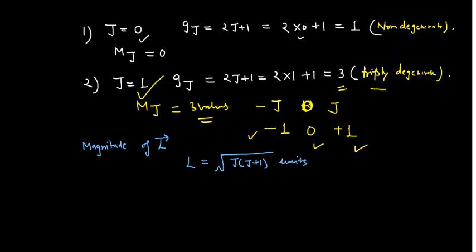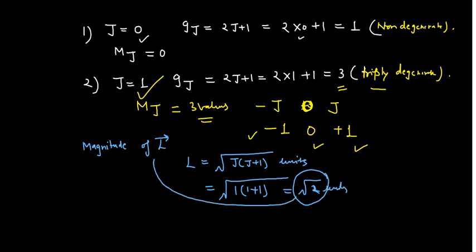The value of j was 1, so 1 times 1 plus 1 gives you under root 2 units. So this under root 2 multiplied by h on 2 pi is the magnitude of your L vector. This is something very, very important.